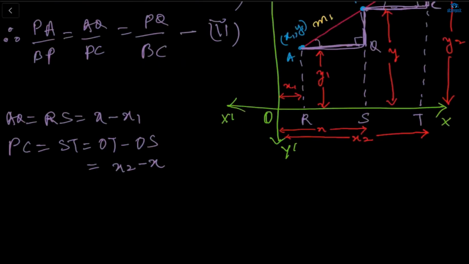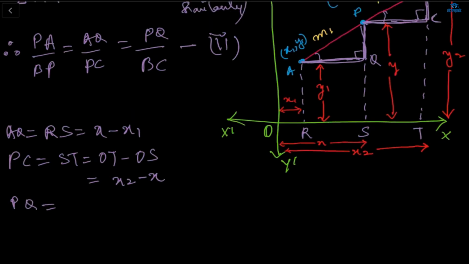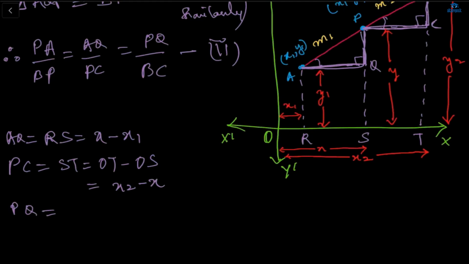Now for PQ, all the values we are taking out. PQ can be written as PS minus QS. This can be written as Y minus Y1.